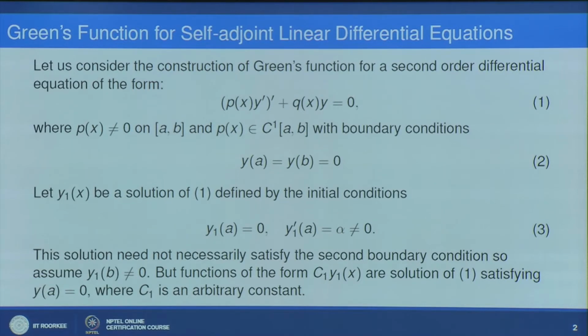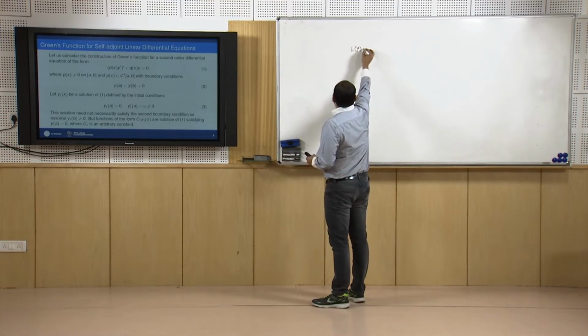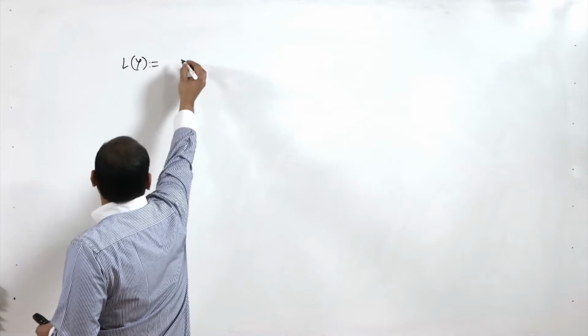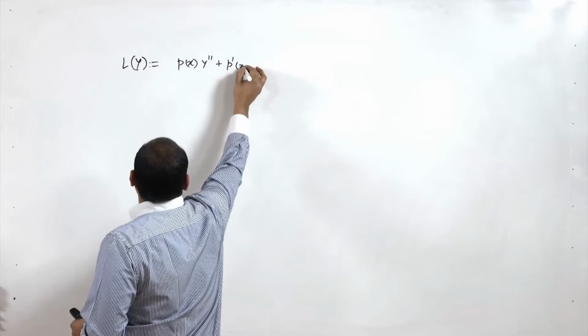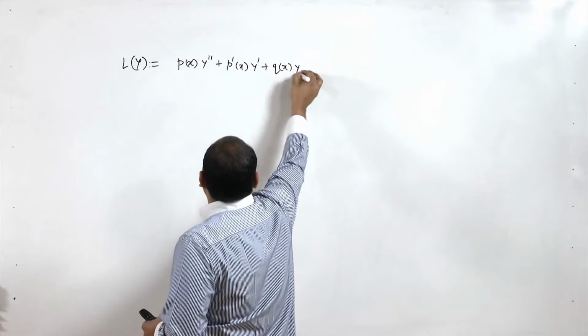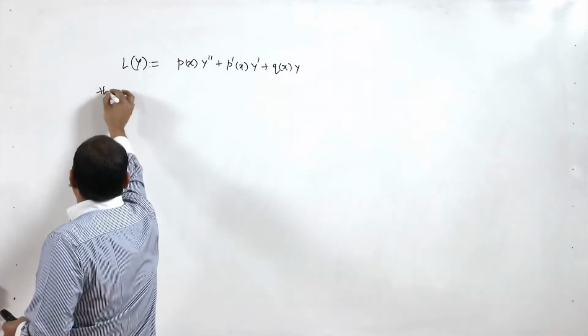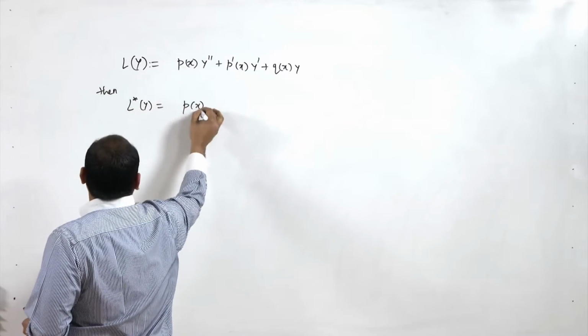Here it is to be noted that this is a self-adjoint differential equation. It means that if we define the operator Ly equal to p(x) y'' + p'(x) y' + q(x) y, then its adjoint operator L* y also comes out to be the same.